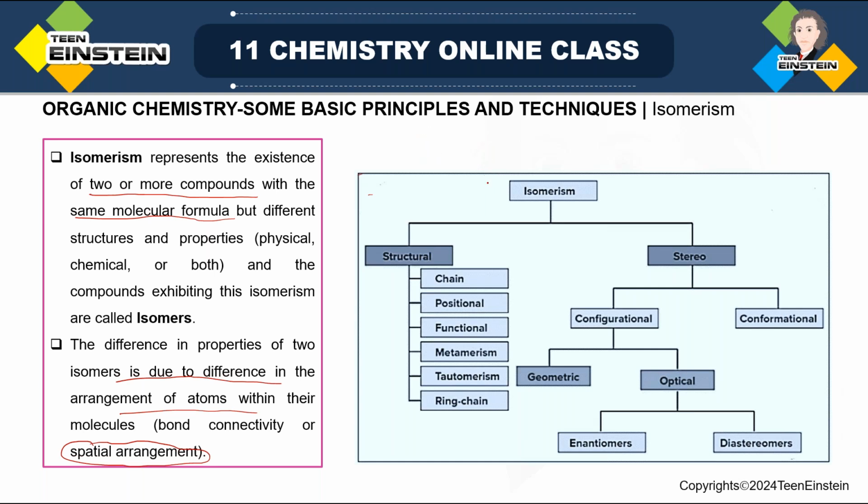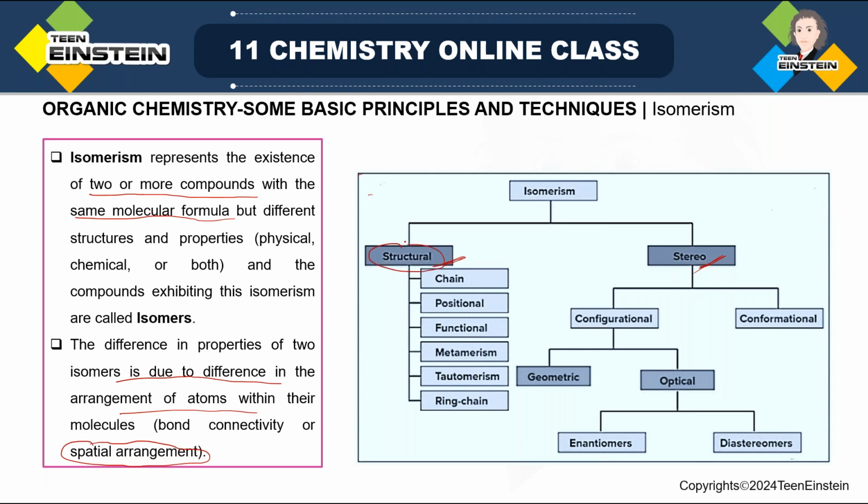So the first category that we have here is structural and stereo. Stereo, as I have just said, is because of a change in spatial arrangement, with no difference in bonding connectivity. But when there is a difference in bonding connectivity itself, that is, the same types of bonds you will not find, different groups, different bonding connections, that is treated under structural.